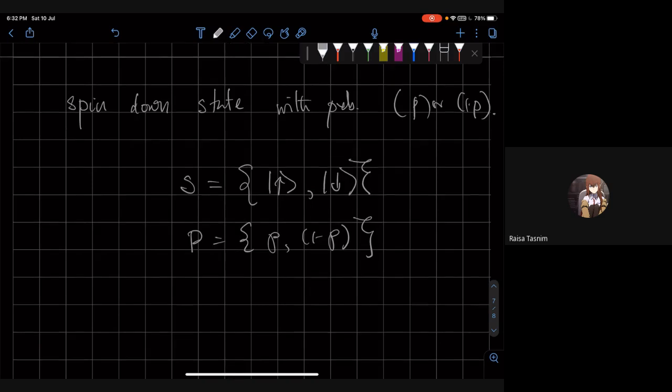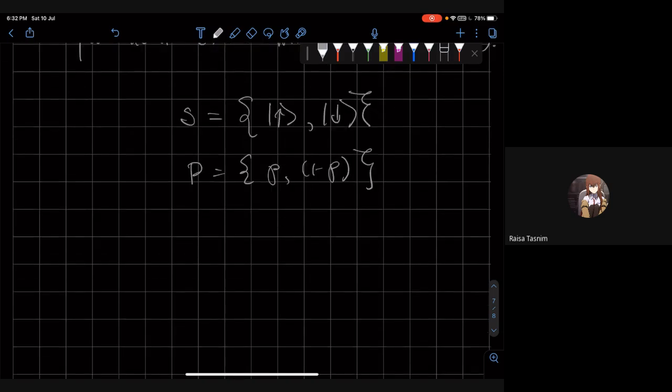So it turns out, to describe such situations in quantum mechanics, you cannot use a wave function. A wave function is not general enough, or a state vector is not general enough to describe such a situation.